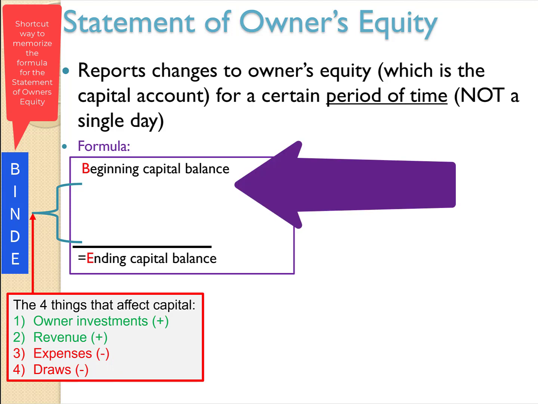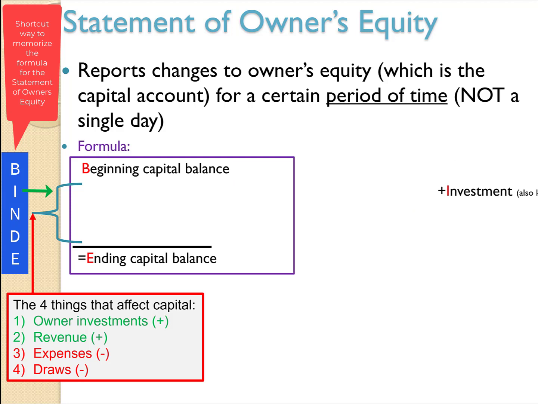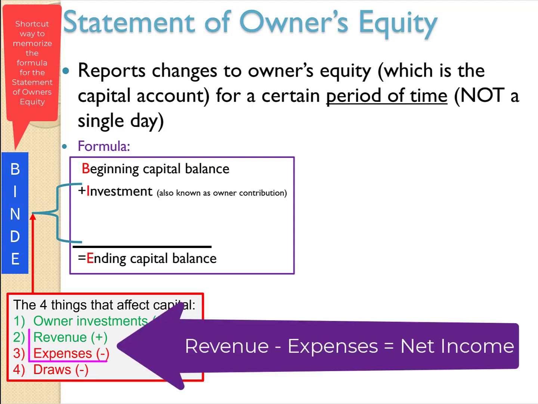So back to the formula. The first thing we're going to do is add investments, also called owner contributions, to the formula. Well, notice the next two things on our list of things that affect capital are revenues and expenses. Now remember, the statement that we did before this is the income statement.